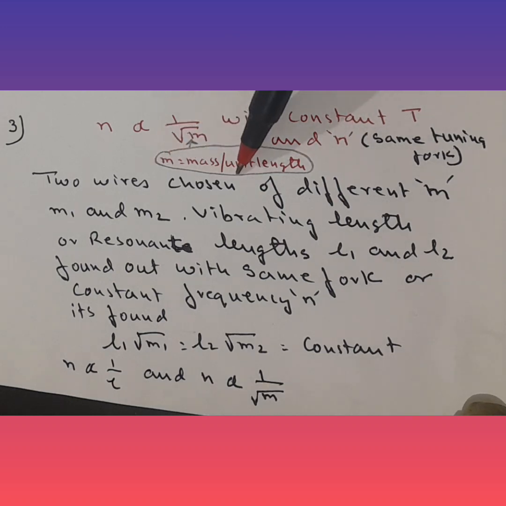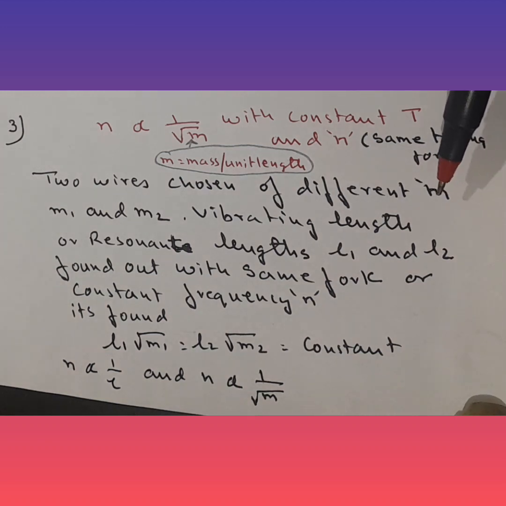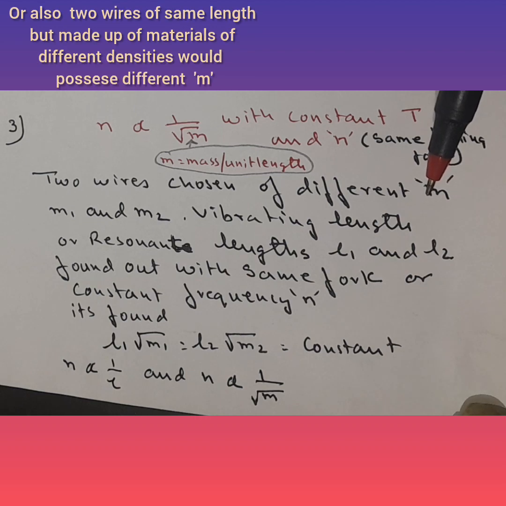So two wires are chosen of different mass per unit length. Now just to differentiate, how would you differentiate? Suppose you have chosen a wire of 1 meter length. Now that 1 meter length wire may be thick or may be thin. If one is thick and the other is thin, that itself means they would weigh differently.